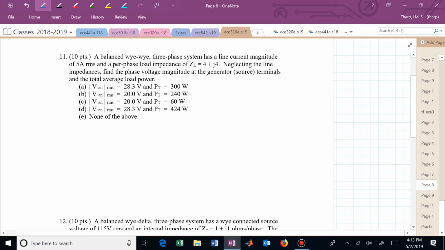So we have a YY configuration. We know what the impedance is here, and we're asked what the phase voltage is here.